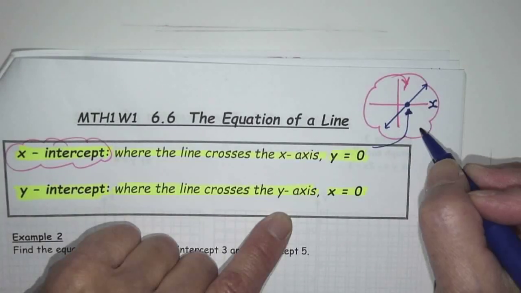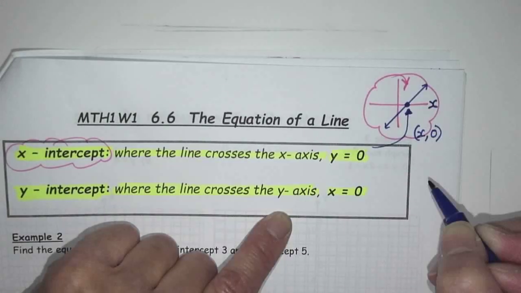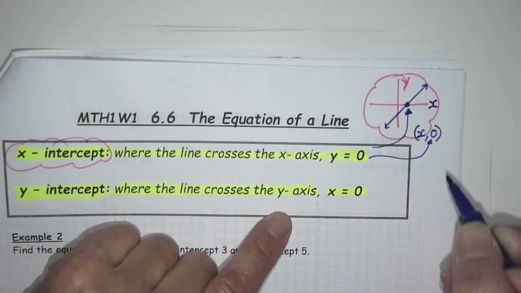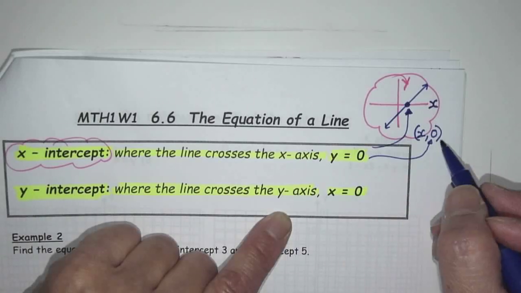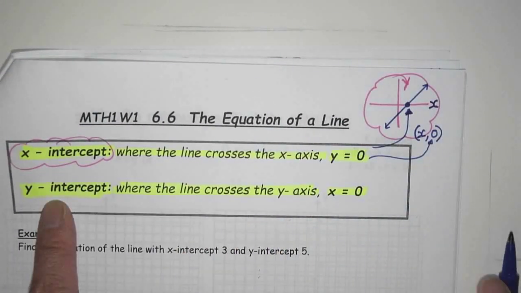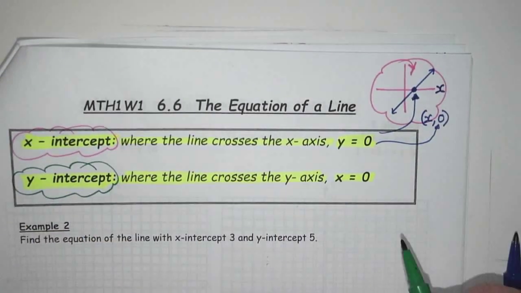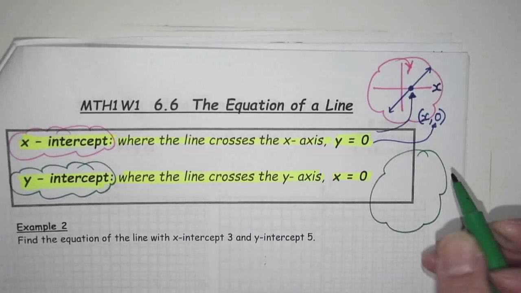So when I write the coordinate of that, I know it'll be x, comma, 0. My y coordinate, when I write it like a coordinate, is when y equals 0. Then for my y-intercept, I'm going to draw it on the side just so you can picture what it's saying.